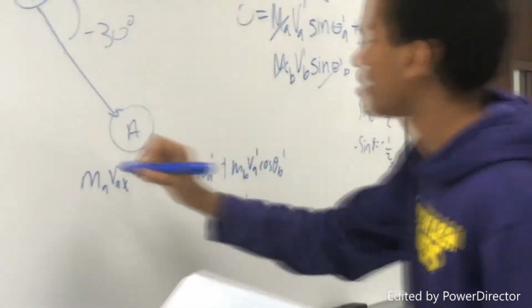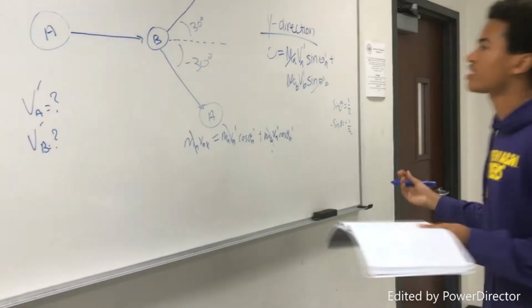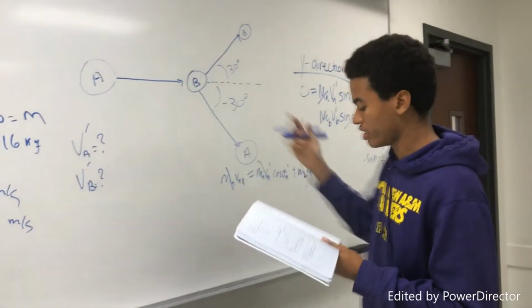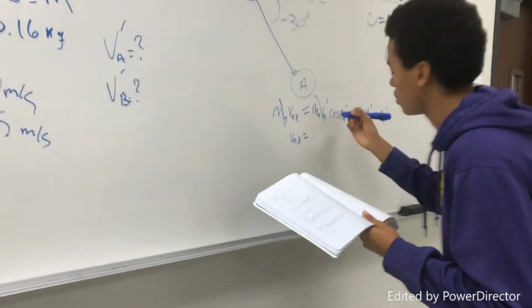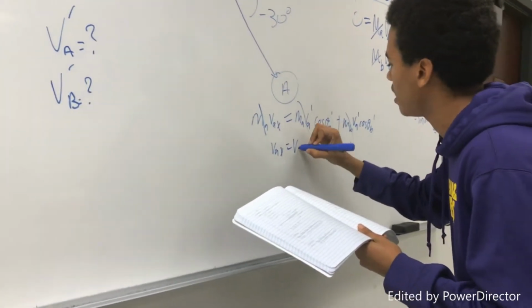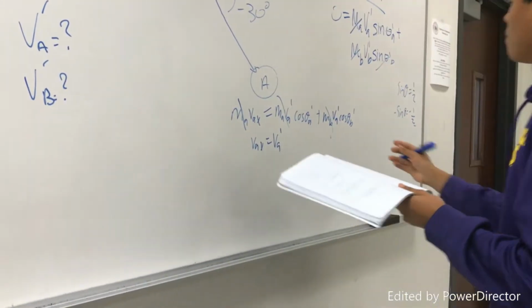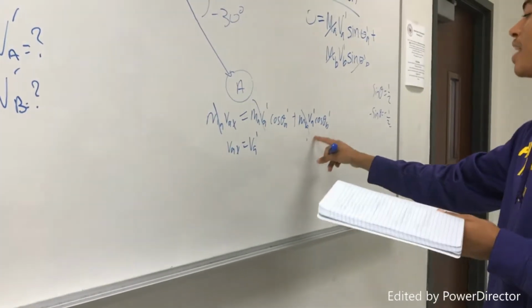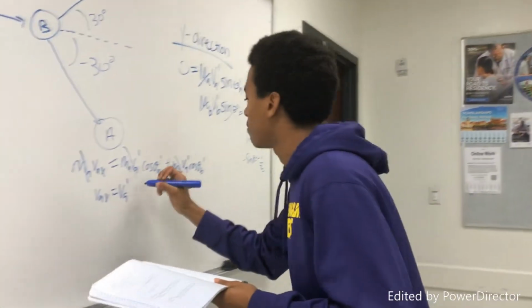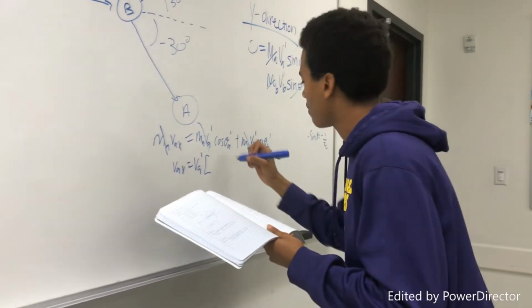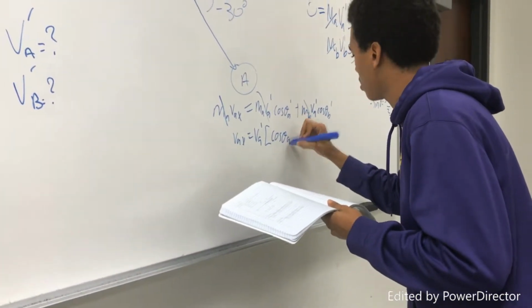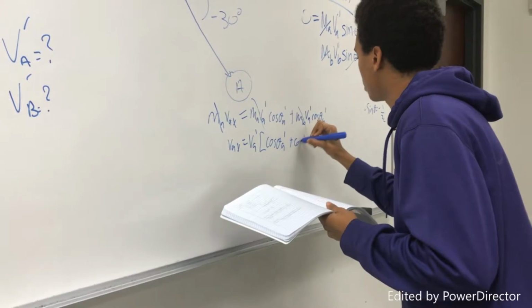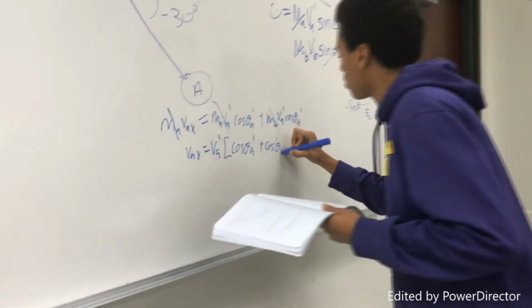The masses each cancel because the masses of the balls are the same. So now we just have VAX equals VA prime, and we can combine like terms because VA prime and VB prime are equal, giving us cosine theta A prime plus cosine theta B prime.